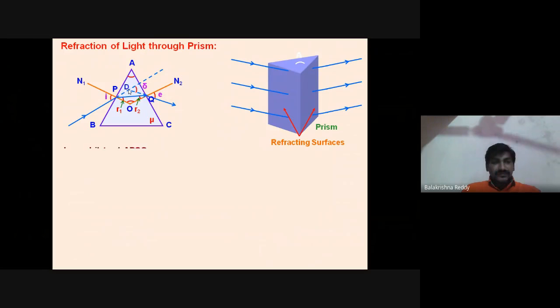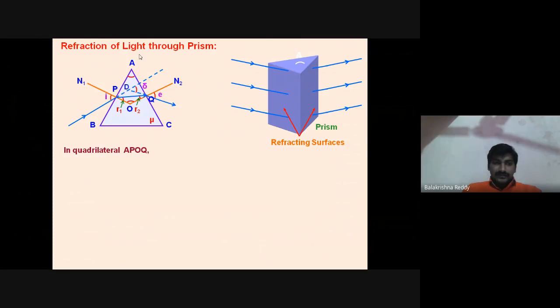There is a quadrilateral A, P, O, Q. APOQ is nothing but a quadrilateral. It looks like a little rhombus. There is a rule in a quadrilateral: the sum of opposite angles must be equal to 180 degrees.